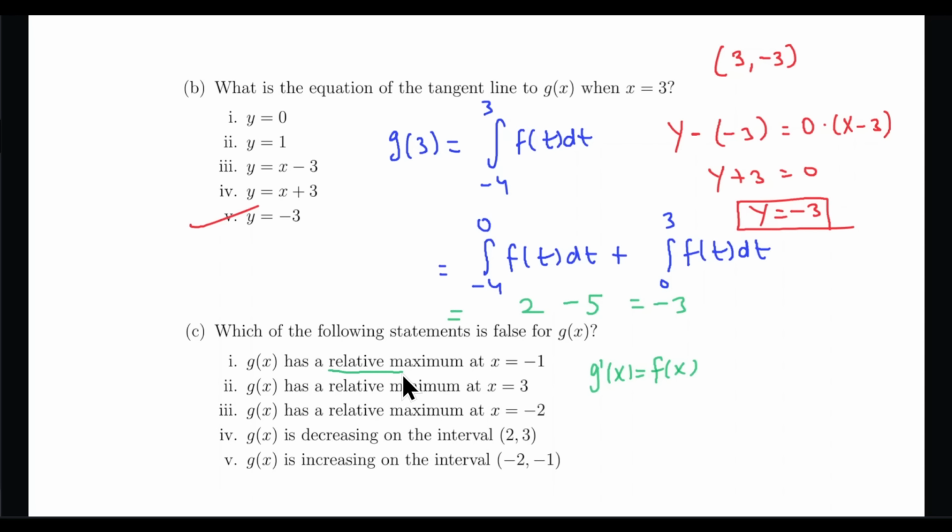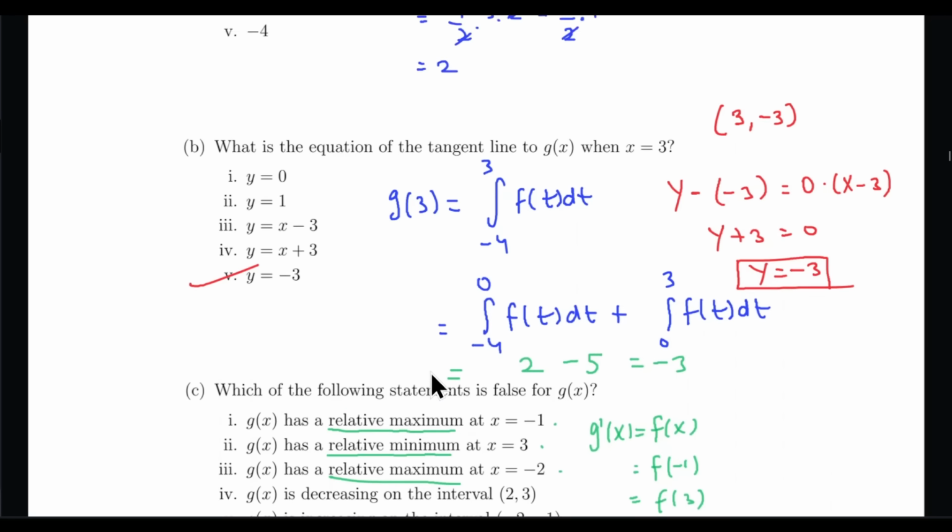So for relative maxima or minima, we have to make sure that g' is either 0 or undefined at these points. So let's find what is f(-1), what is f(3), and what is f(-2), because these should all give me 0 or undefined, right?